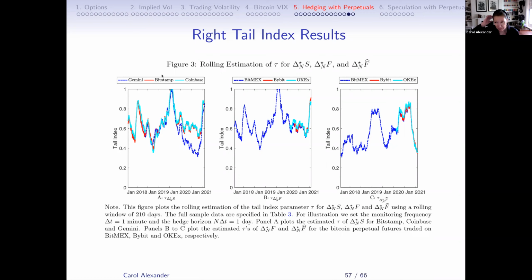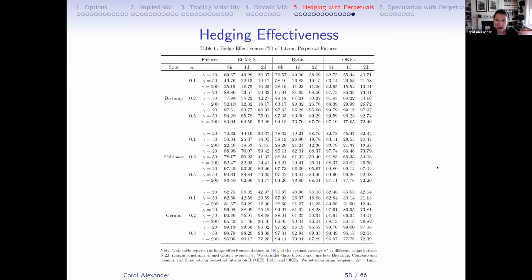I'm not exactly surprised, because Gemini isn't a prime trading venue for Bitcoin. Those are the right tail index, averaging around 0.6 or something like that. And then we compute the optimal hedge ratio.